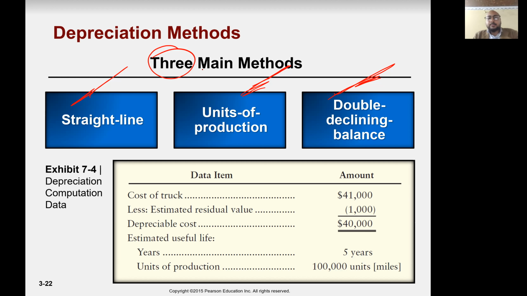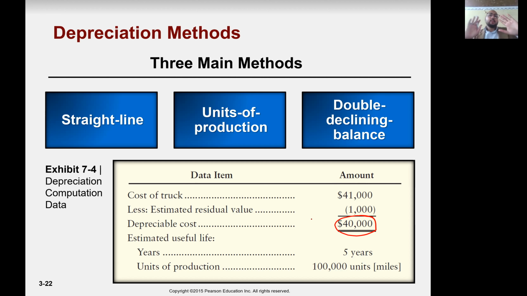All right. So we find out the cost of the truck is 41,000. Its residual value is 1,000. Its depreciable cost is 40,000, because 1,000 is going to be recovered from the truck. That's why this 40,000 is a cost that we cannot recover.